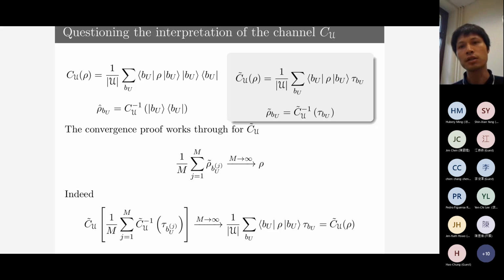So now even the convergence of the C_U doesn't uniquely define this operator C_U, this channel C_U. Therefore, the interpretation of the channel C_U is still a bit of a mystery. It's not guaranteed by the convergence.